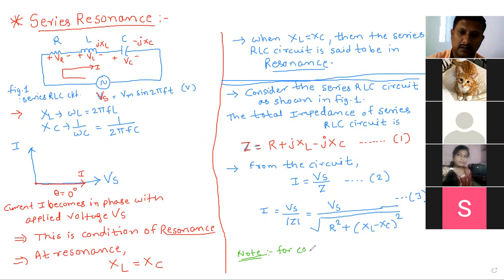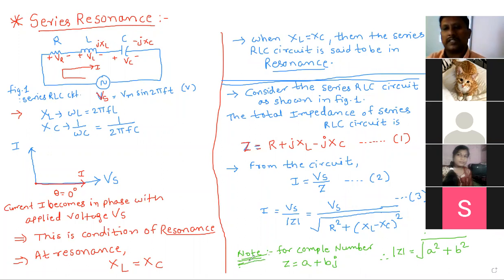For a complex number, this is required many times. Suppose one variable is there, Z is equal to A plus Bj, and I want its magnitude. Magnitude of Z is the square root of A square, the real term square, plus the imaginary term square. In this equation, the real term is R, so R square is taken. Then the imaginary term, after taking j common, is XL minus XC, so the square of the imaginary term is taken. So you can remember this note point, you can note it down everyone. This is required a number of times, we can use this concept.